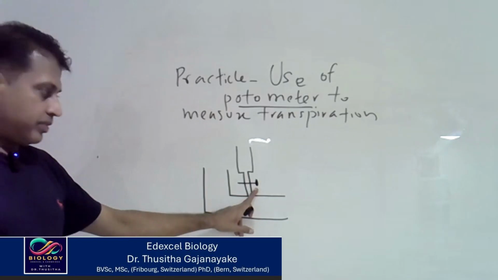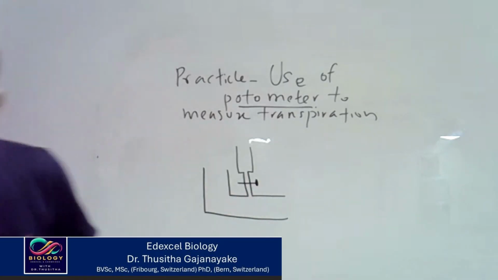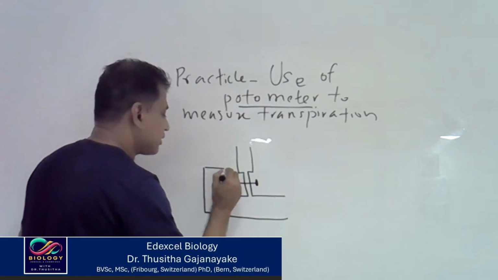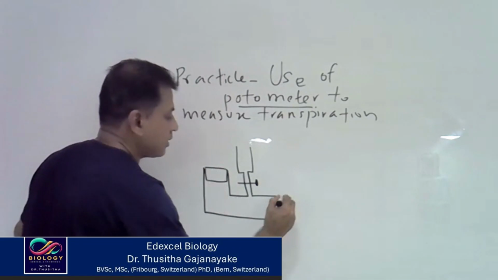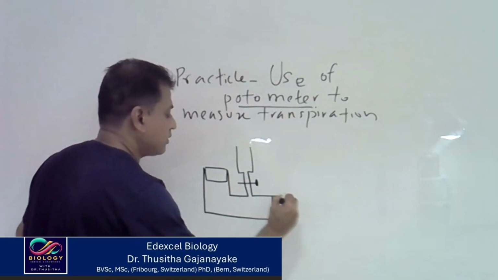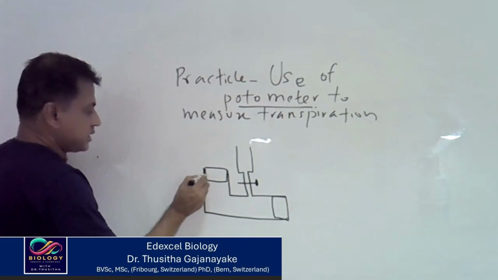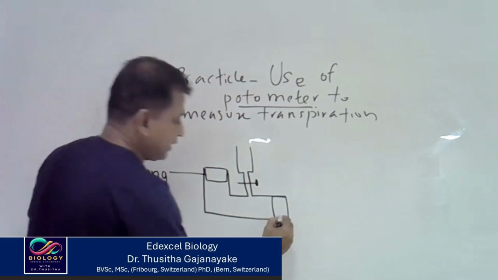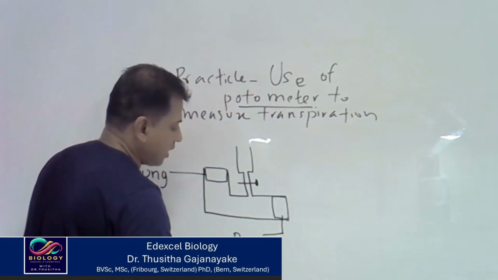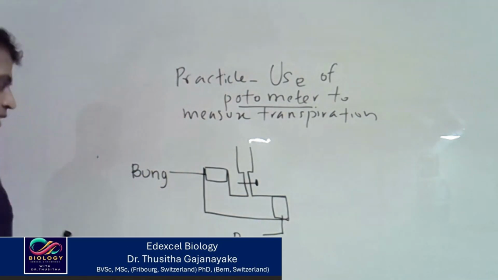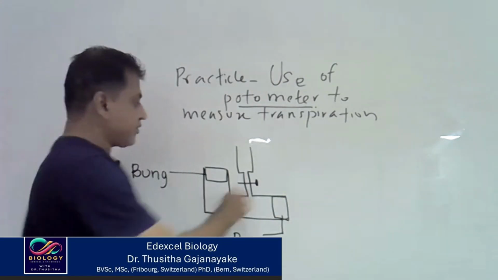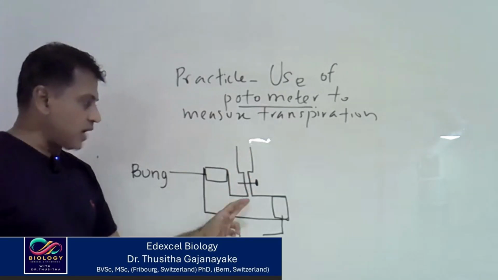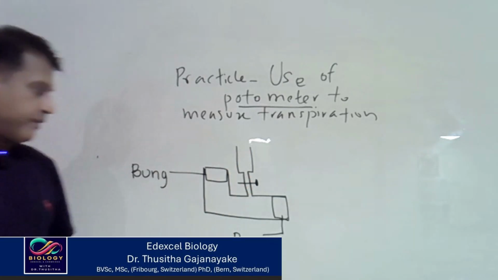Then at these two ends, we have a rubber stopper called a bung. This is the rubber stopper, we call it a bung, and this one is also called a bung. Everything is glass, the glass tube, and this is also a glass tube with a small tap.